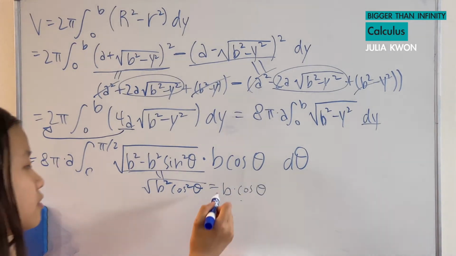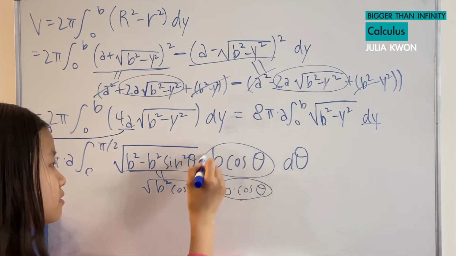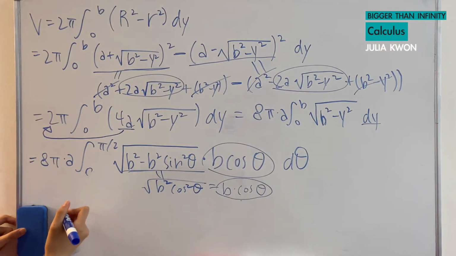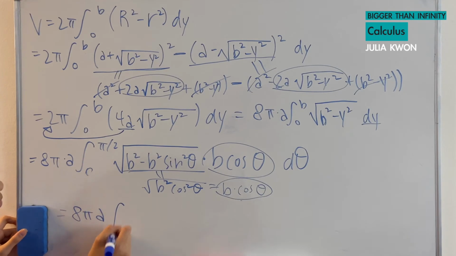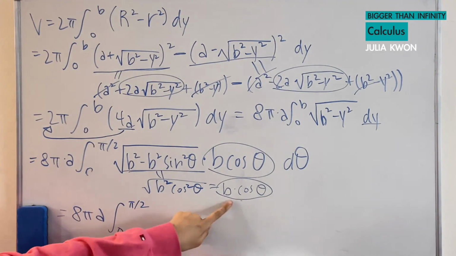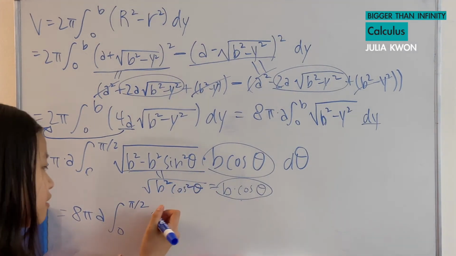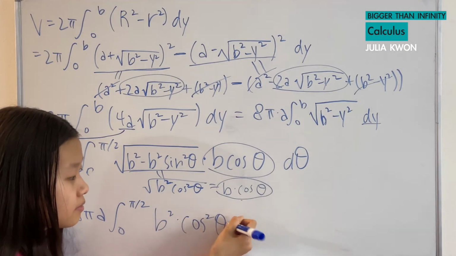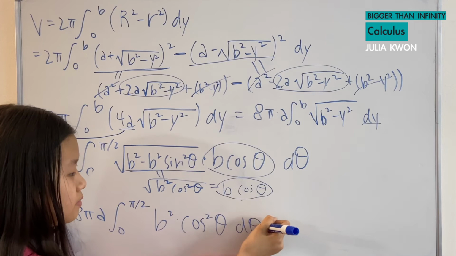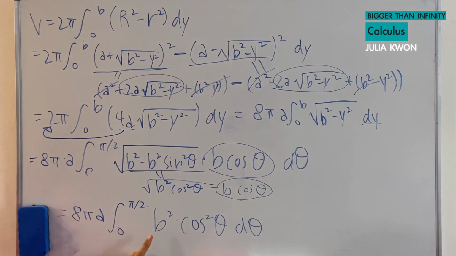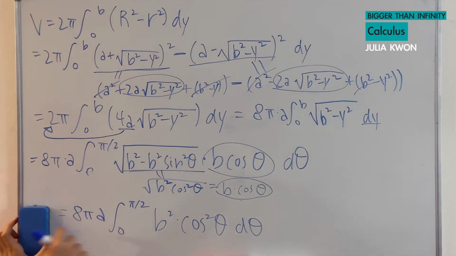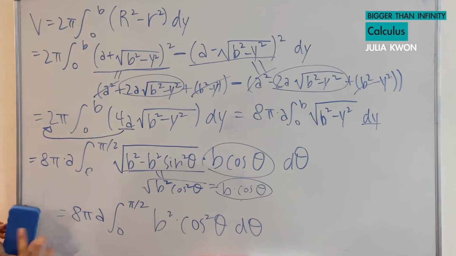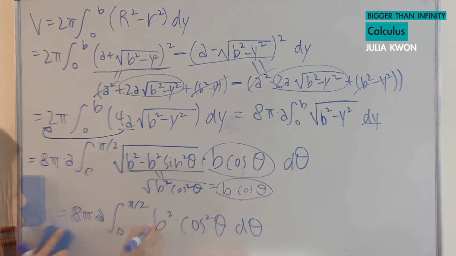So we'll have 2 of these inside our integral. And if we multiply these 2 together, we would have b squared times cosine squared theta d theta. And of course, the b squared is a constant, so it can go in the front with the 8 pi times a.